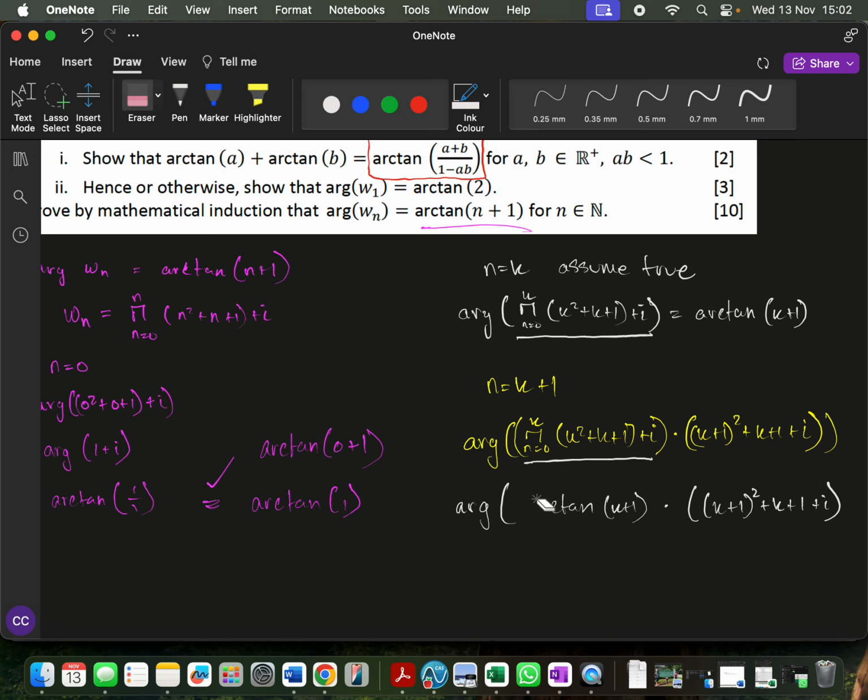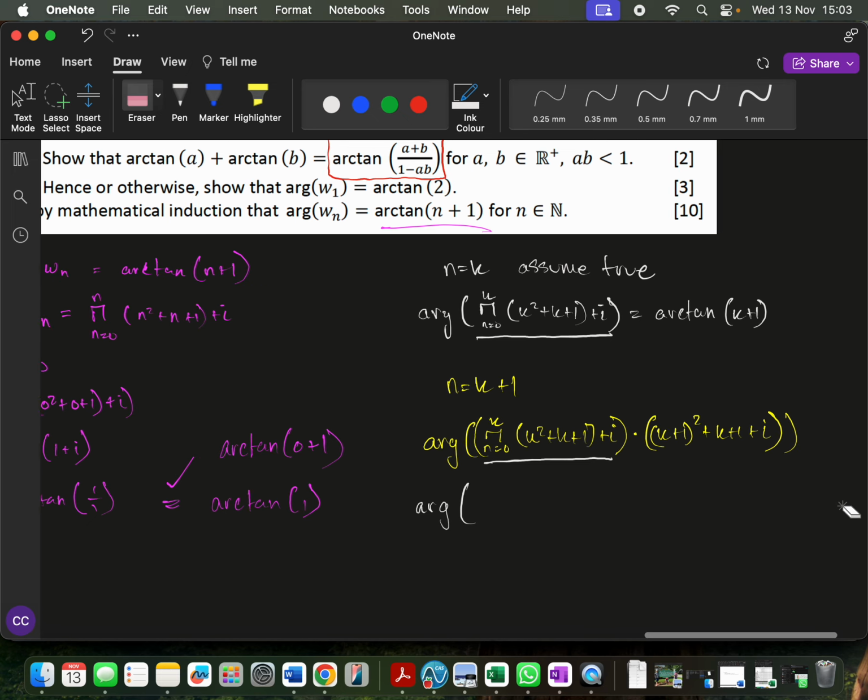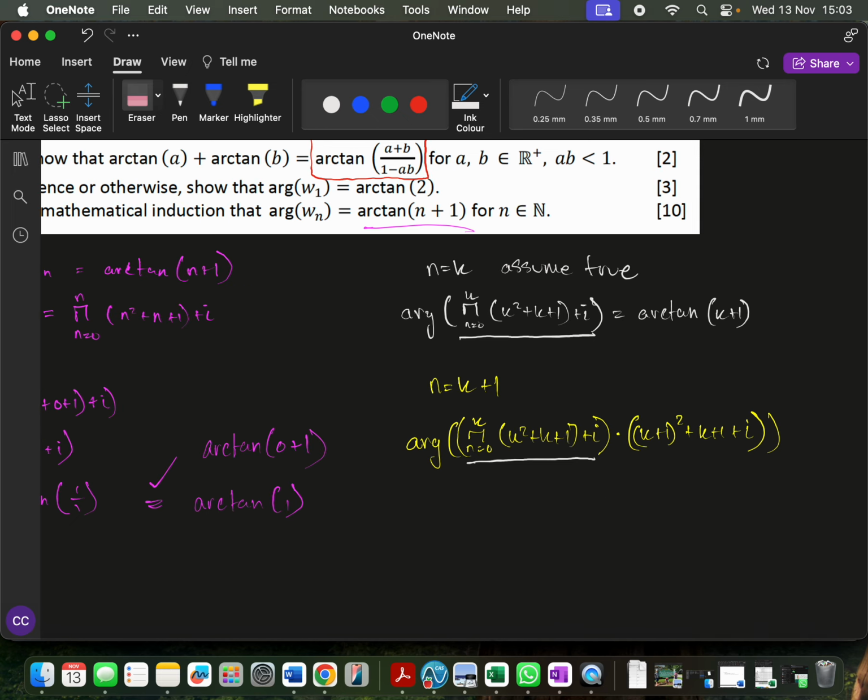Actually, I didn't want to do that step just yet. I wanted to leave it because I've got a principle here that I can use.